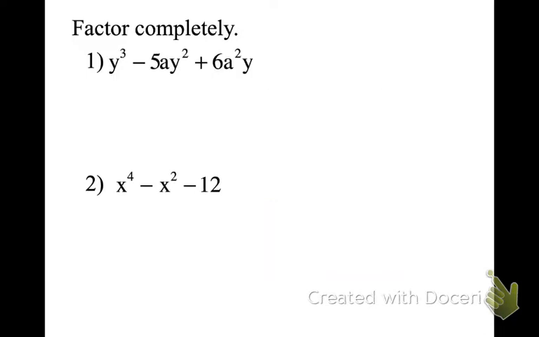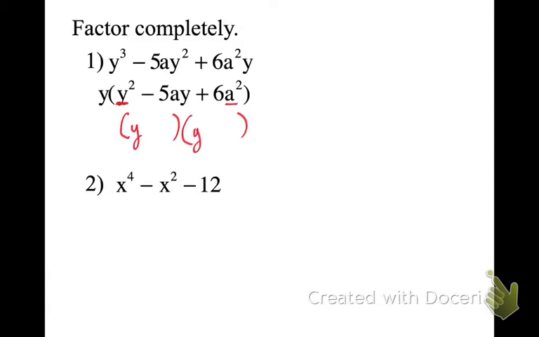All right, let's keep going. Now we have 2 variables. First, step 1, do we have a GCF? Yes, we do. So my GCF is a y. Now I know that when I factor it, because I have 2 variables, on the left side I'm going to have a y. On the right side I'm going to have an a.